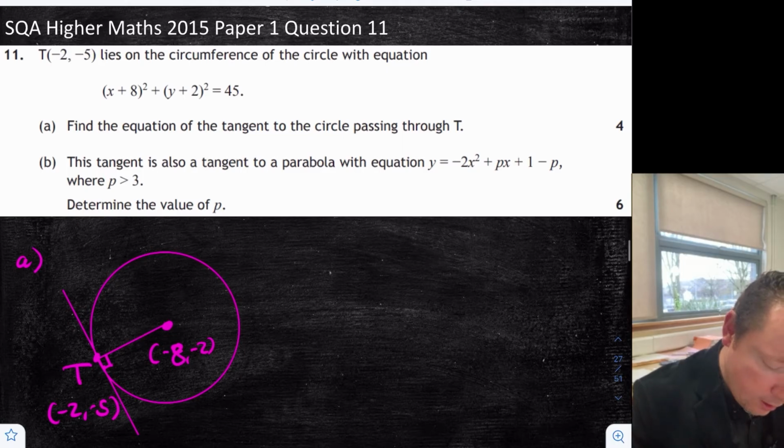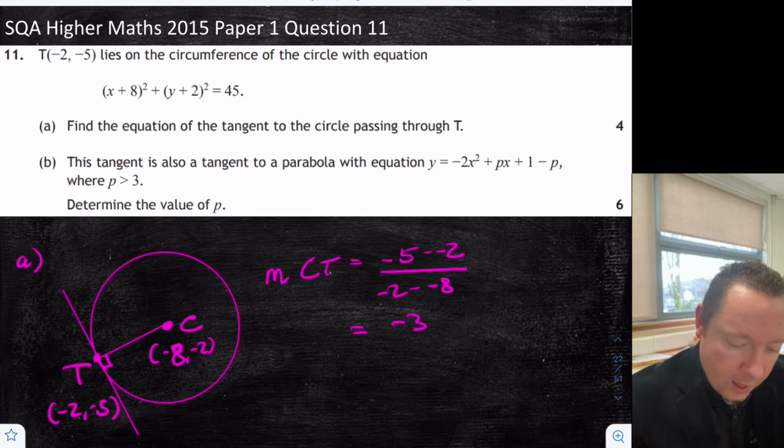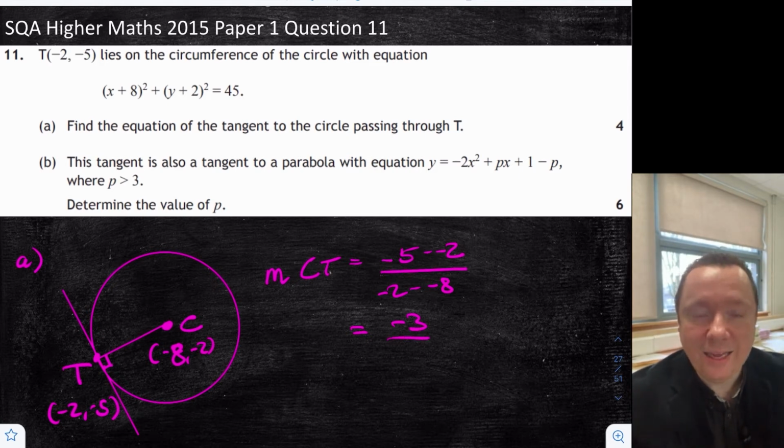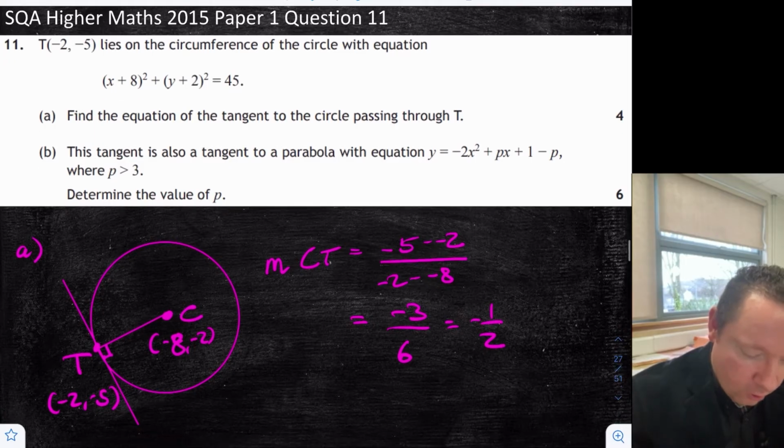So the gradient, I'll just call this the centre C, between C and T, equals minus 5 minus minus 2 over minus 2 minus minus 8. That's minus 5 add 2, which is minus 3. Minus 2 add 8 is 6. So that's minus a half. So therefore the gradient of our perpendicular equals 2, since m1 times m2 equals minus 1.